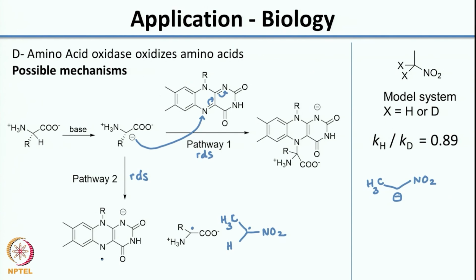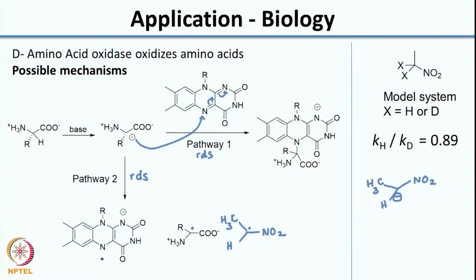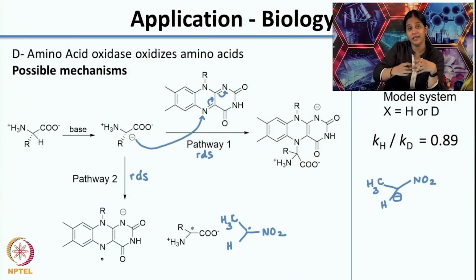Now in the case of pathway 2, you would have this anion versus the radical, and you have a hydrogen here. If you look at the transition state and whether the CH over CD bond length will make a huge impact, in pathway 2 the impact would be minimal as compared to pathway 1 where you have some sp3 character coming in because of your tetrahedral product.